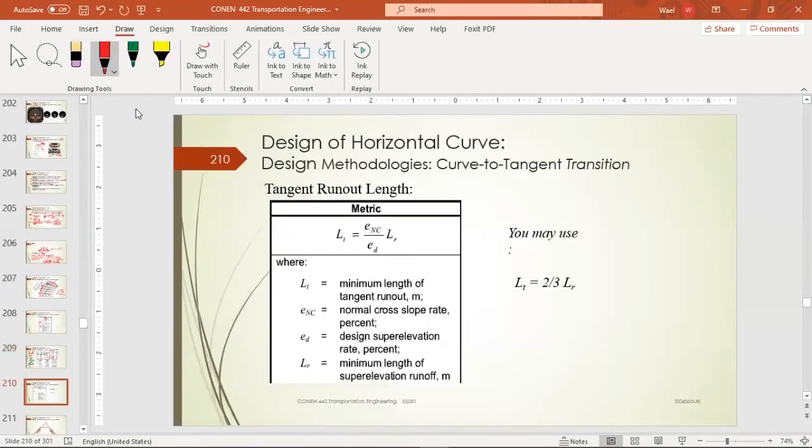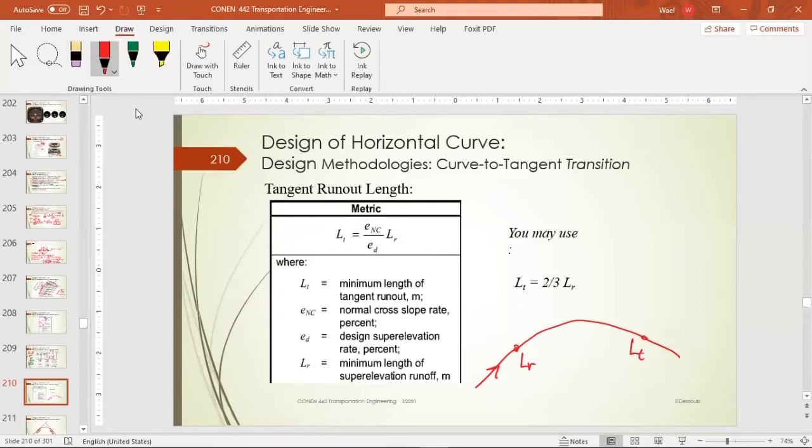So the tangent run out is at the end of the curve. If that was the curve, here we have LR, and here we have L tangent.